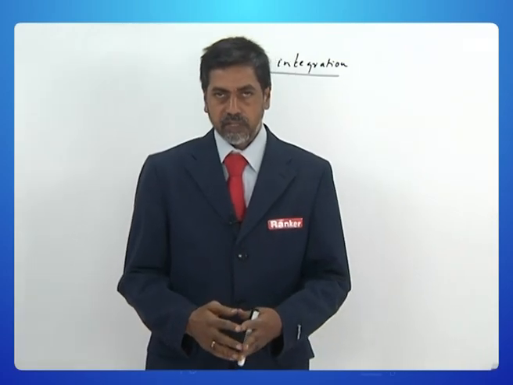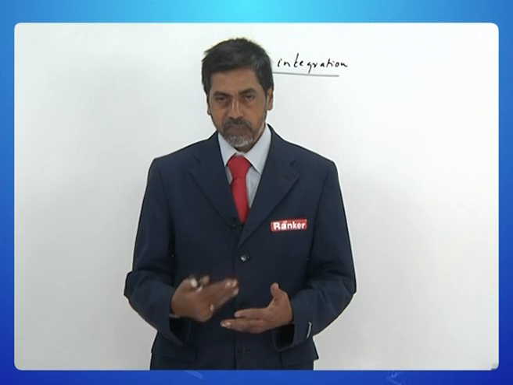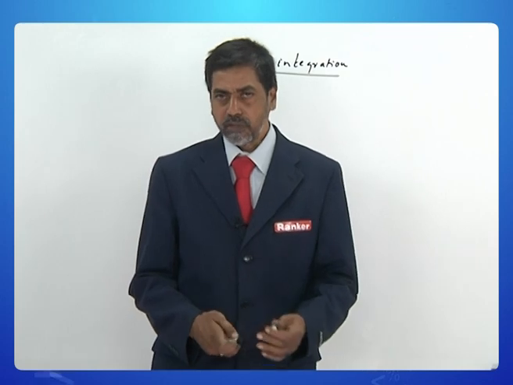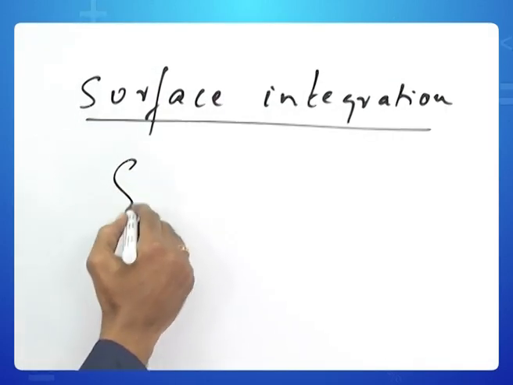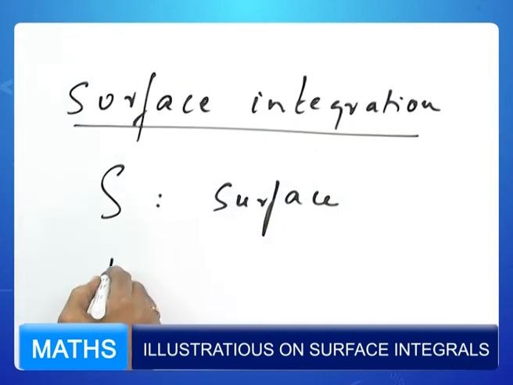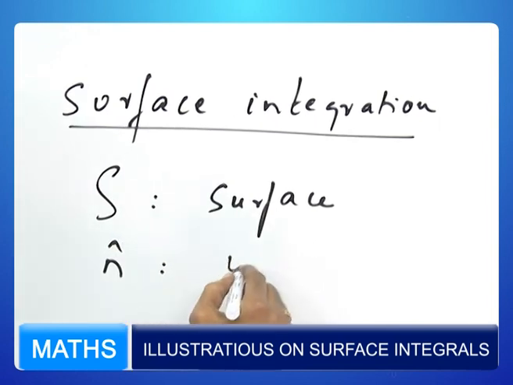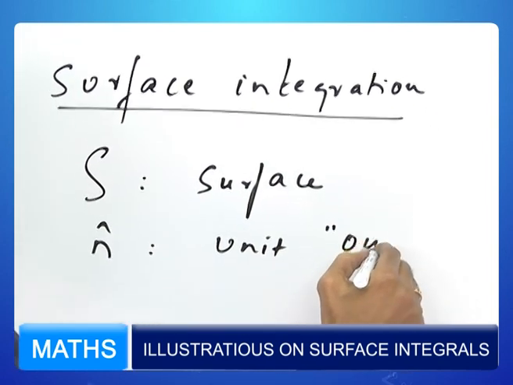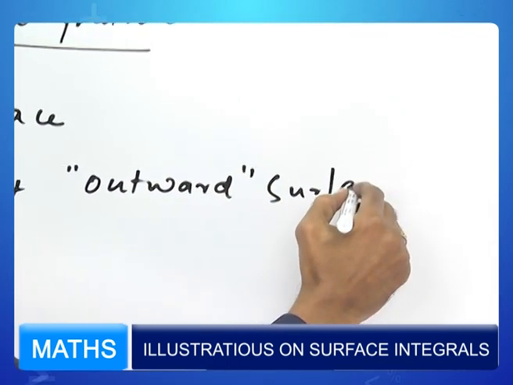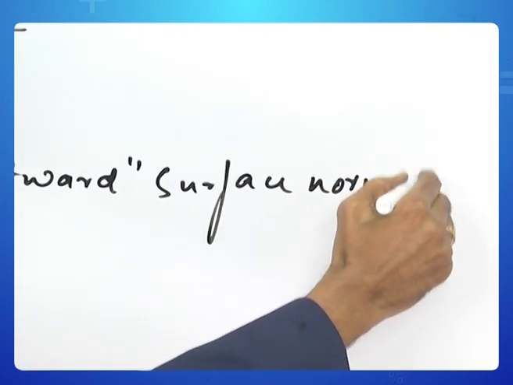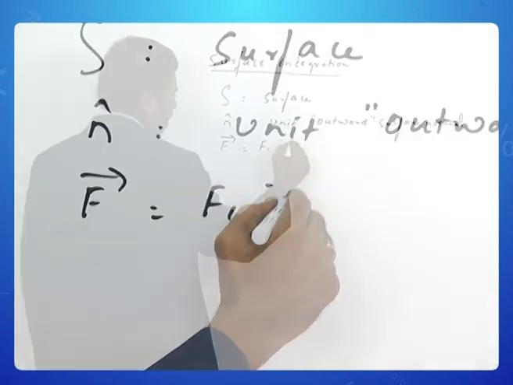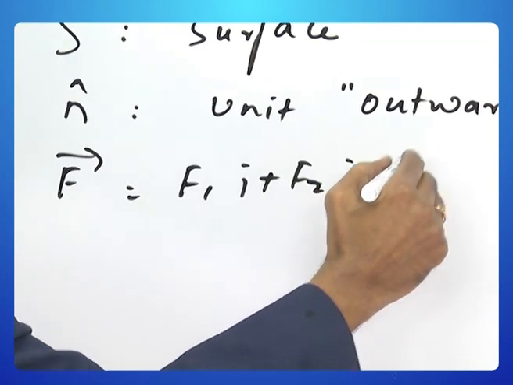Having seen line integrals and certain aspects of its evaluation, we come to the next very important vector integration concept called the surface integration. Here we have a surface S, and n cap stands for the unit outward surface normal, and you will be given the field F, F1i plus F2j plus F3k.